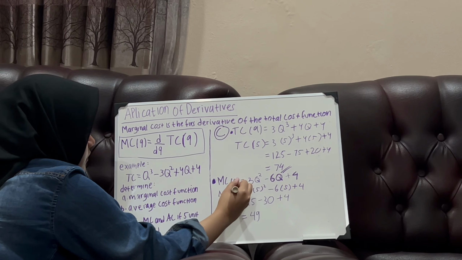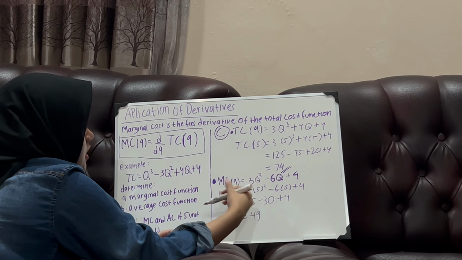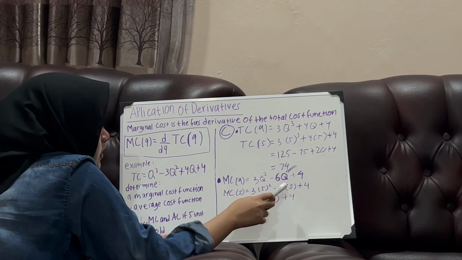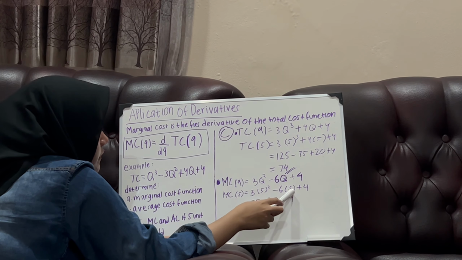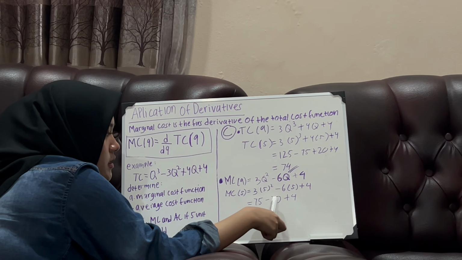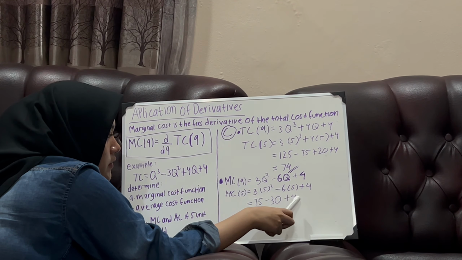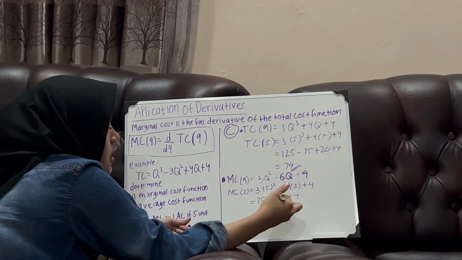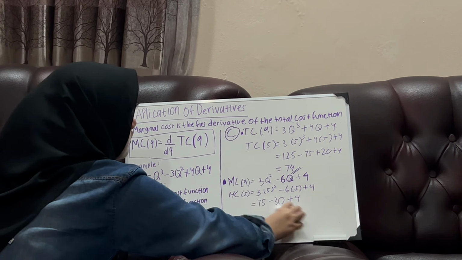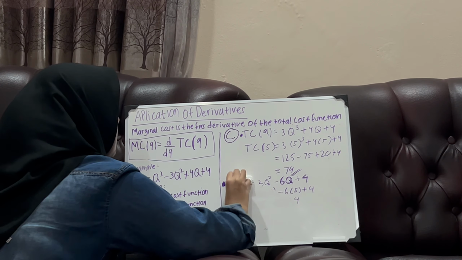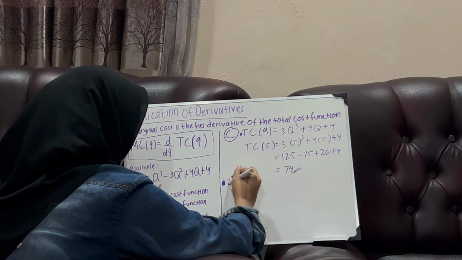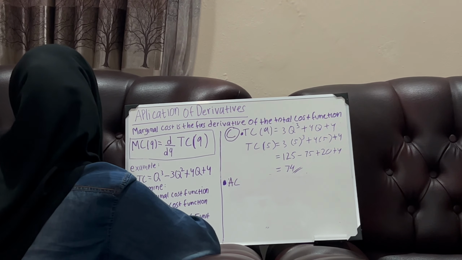MC(5) equals 3 times 5 squared minus 6 times 5 plus 4 equals 75 minus 30 plus 4. The result is 49. And the last is AC.